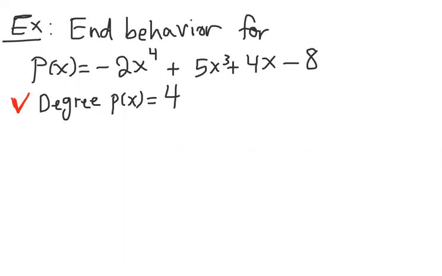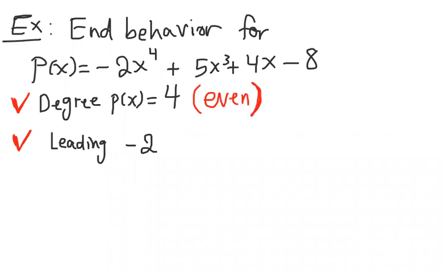The second thing you have to ask yourself is what is the leading coefficient. The leading coefficient is -2. Perfect. So the degree is even, and the leading coefficient is negative.